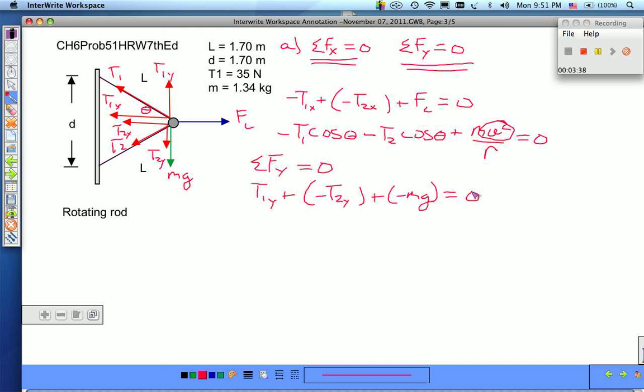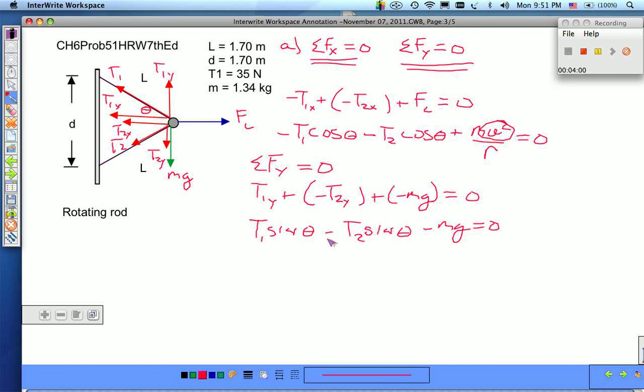It looks like there are enough known values to solve for the unknown T2. So expressing T1y in terms of the sine of the angle, we have T1 sine theta minus T2 sine theta minus mg is equal to 0.